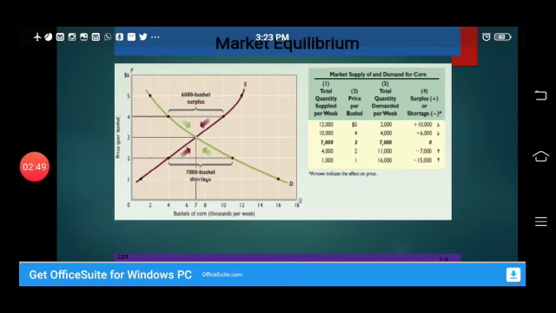And from this diagram, we can also see the surplus and the shortage. Above the equilibrium price, there is a surplus because at price 4, the supply is greater than the demand. At price 4, the quantity supplied is 10,000 bushels and the quantity demanded is 4,000 bushels, so there is a surplus of 6,000 bushels.